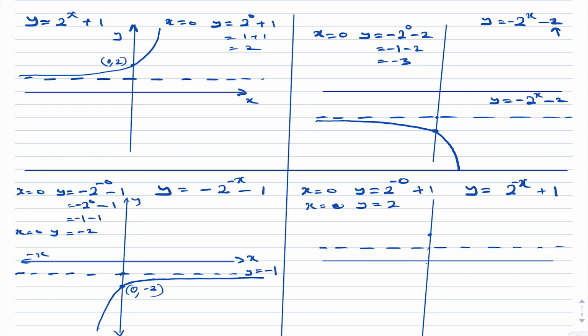So this curve is coming from this side and approaching the line y equals 1. So that's the y equals 1 line. And that's the curve for that. And that's how you draw that exponential function of y equals 2 to the power of minus x plus 1.